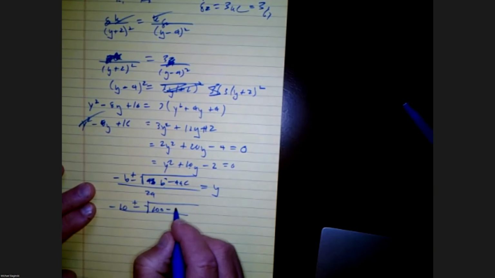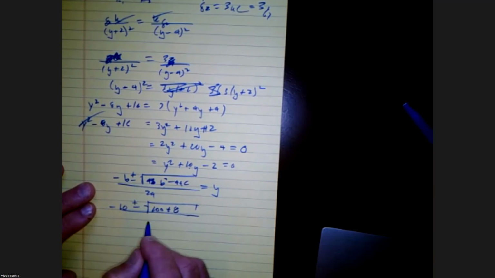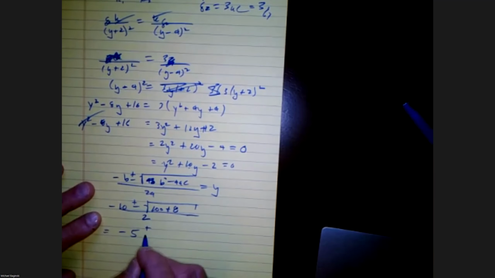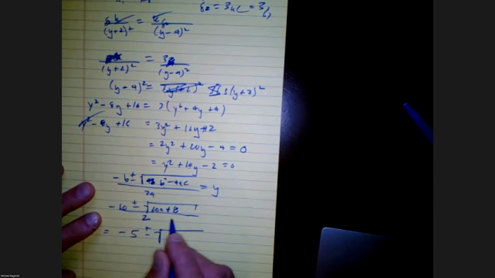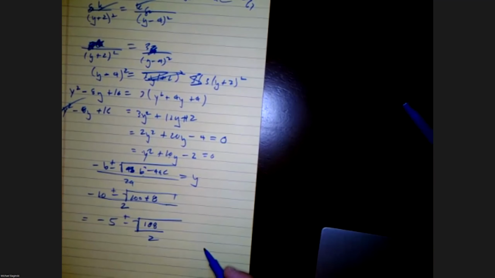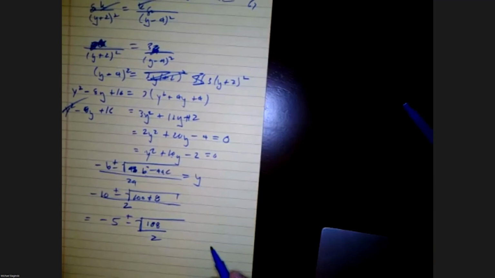C is minus 2, so it's really plus 8 here. And it's over 2A, and A is the coefficient of Y squared, which is just 2. So that's minus 5 plus or minus the square root. And you can leave it as 108 over 2. And when you get there, you're going to get 2 roots. The root that actually satisfies the solution between the 2 is going to be at 0.196.